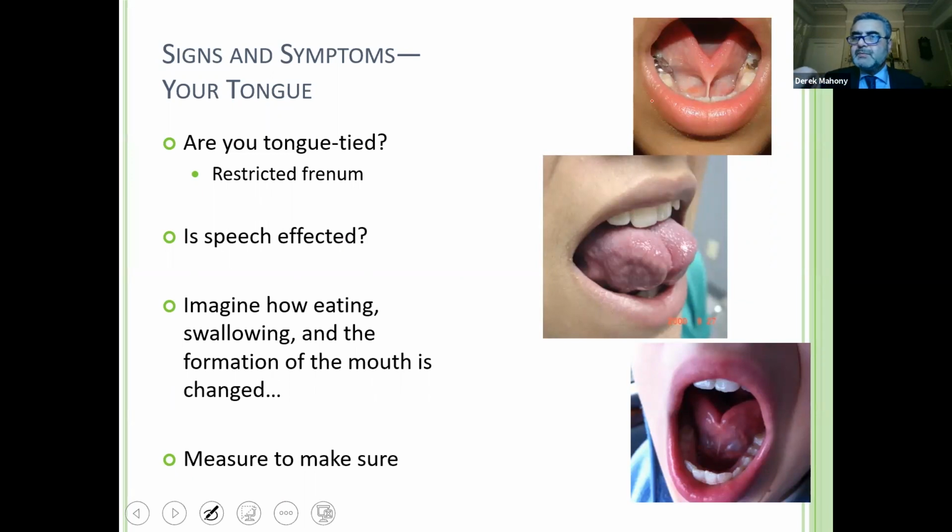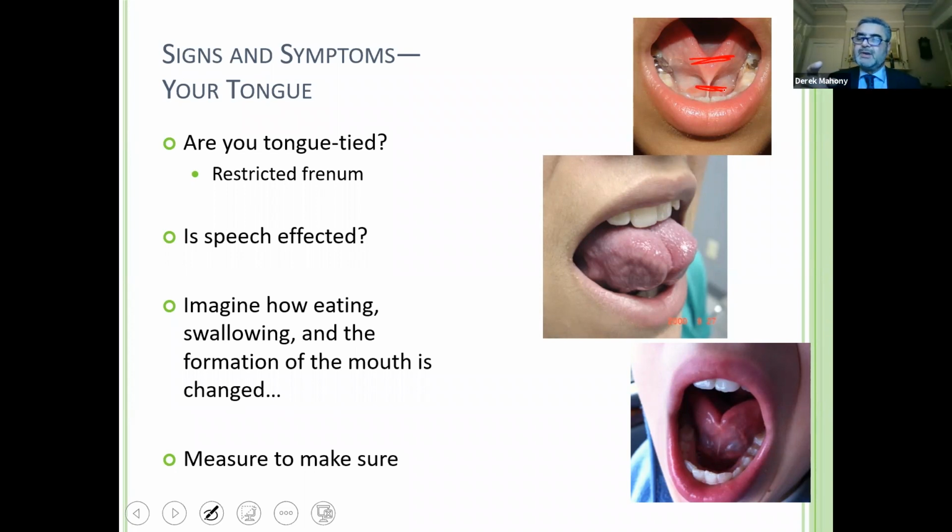Number two, the distance from the tip of the tongue to the insertion of the frenum should ideally be greater than 16 millimeters, right? 8 to 16 is considered normal, but not ideal. Under 8, 100% needs release.